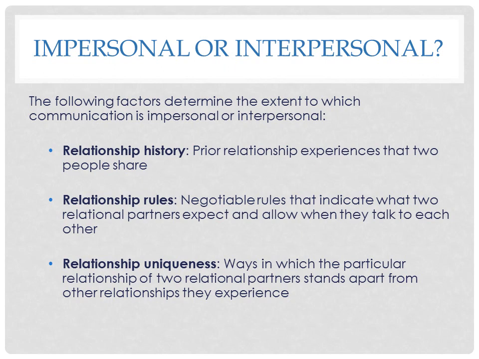Relationship uniqueness. This is the ways in which the particular relationship of two partners stands apart from other relationships they experience. One of the most unique relationships is that of siblings. So, those of us with a sibling of the opposite gender, so a brother, in my example, we probably have tried to kill each other numerous times.